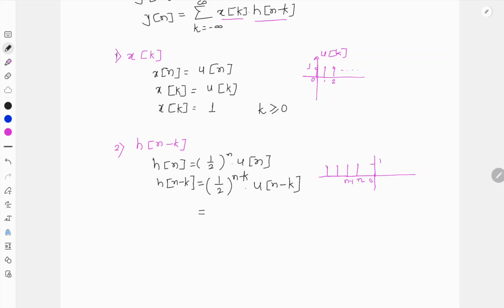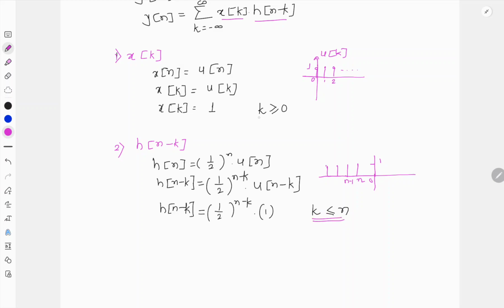So this equation can be written as h of n minus k equal to 1/2 raised to n minus k into 1, since u of n minus k is 1 for the values of k less than or equal to n. Here you need to find these limits carefully.